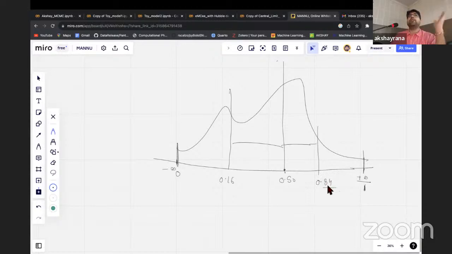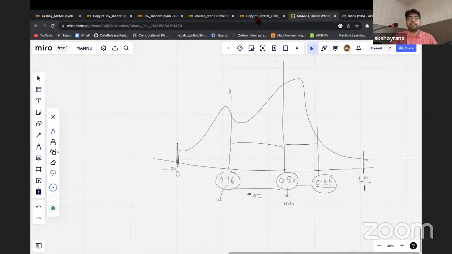So in your program, when you are finding the percentile, you are asking what is the value at 0.16, what is the value at 0.5, what is the value at 0.84. You calculate these three values, and this gives you the negative error, this will be your median value, and this one will give you the positive error. That's what we are doing.